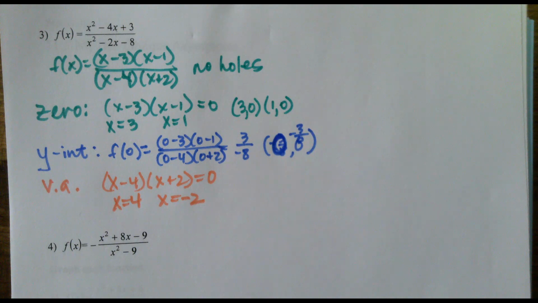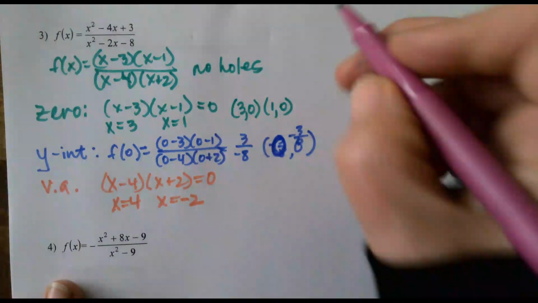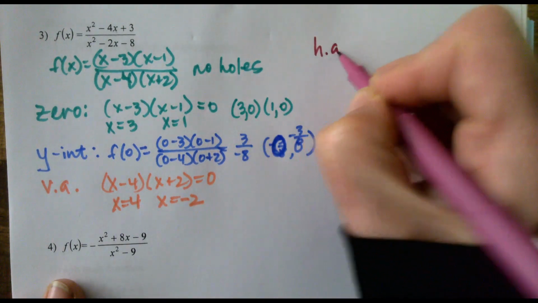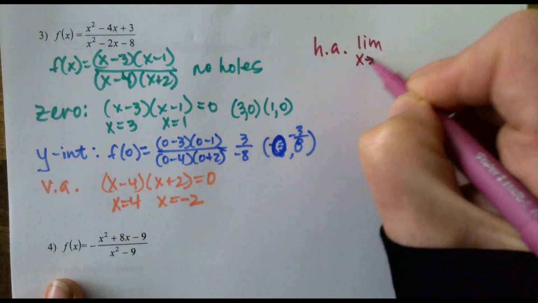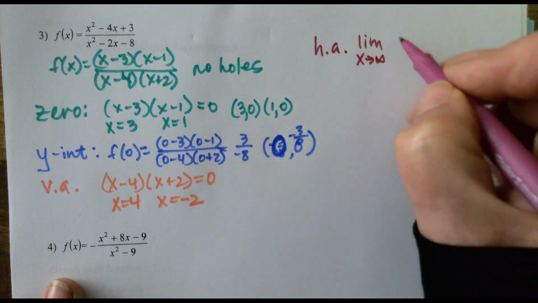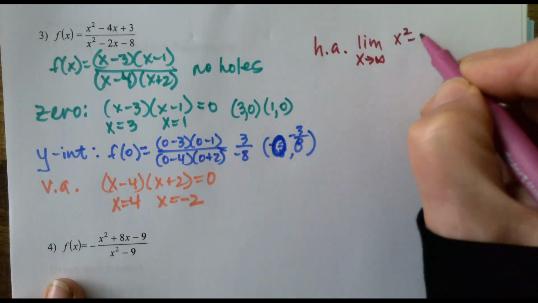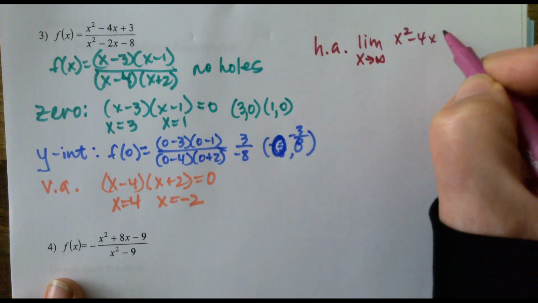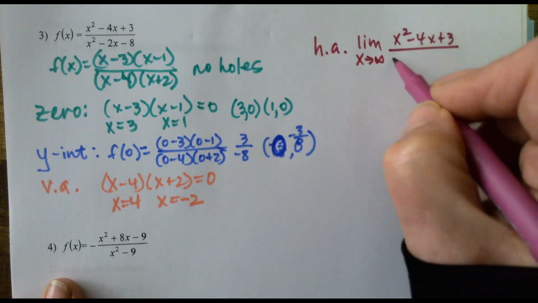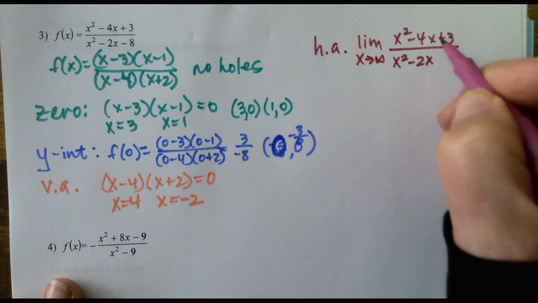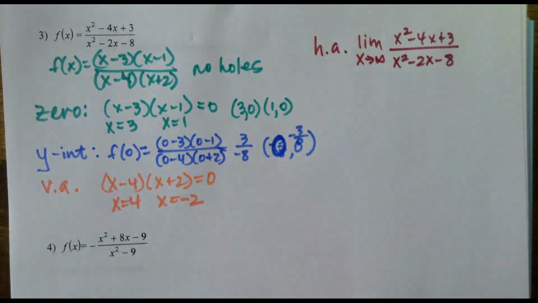And then I'm going to find my horizontal asymptote, and my horizontal asymptote is the limit as x approaches infinity of the function. I am going to use the original form of the function because it is easier for me to pick out my highest term, highest power.